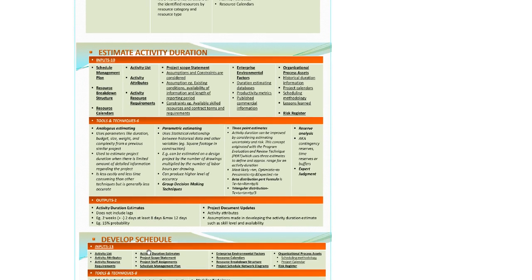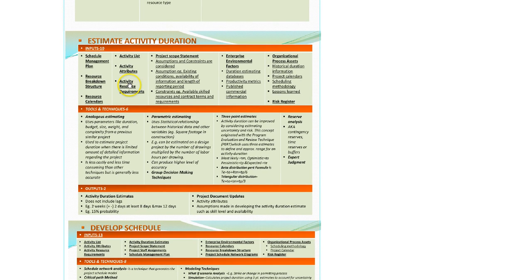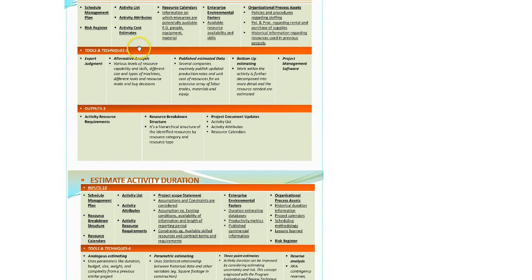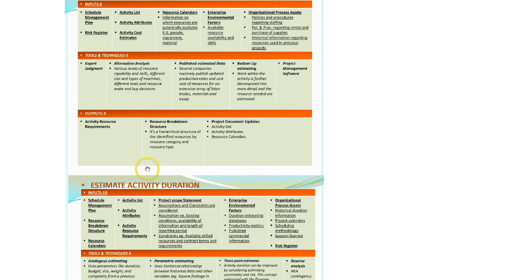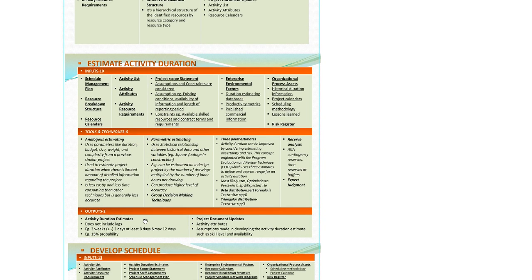Then I jump to estimate activity duration. How long are these activities going to take? I already talked about that before, because all these processes are related to each other and all fall under time management. So basically, what this means is, how long is the activity of making the roof going to take?